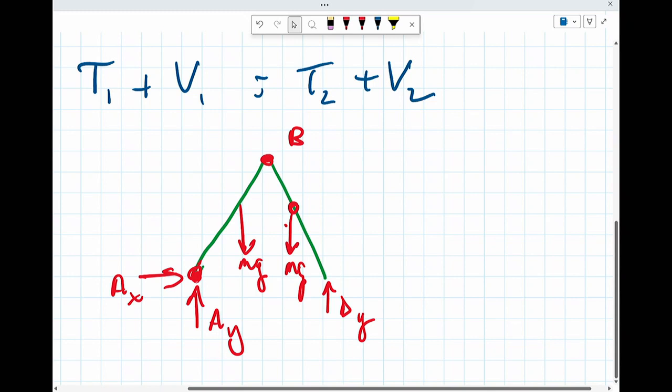This is a pin point, which means it's going to resist motion in both the x and y directions. However, at D, it will resist motion in the vertical direction, but not the horizontal direction. Which means the free body diagram there looks different. So on the left-hand side you have the two forces, on the right-hand side you only have the one. You also have the two weight forces acting downwards.